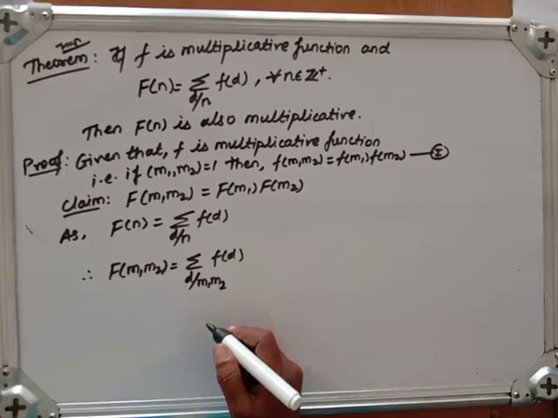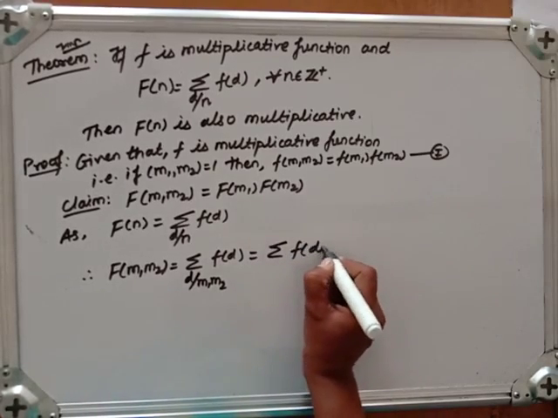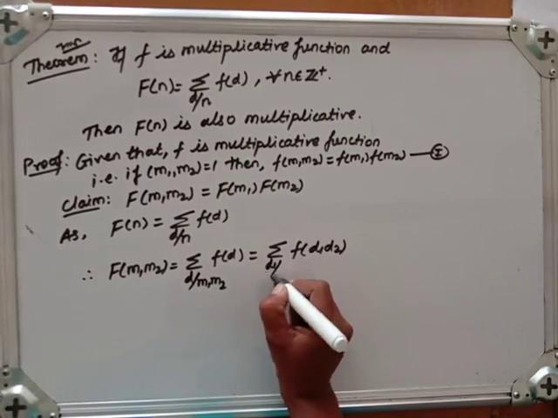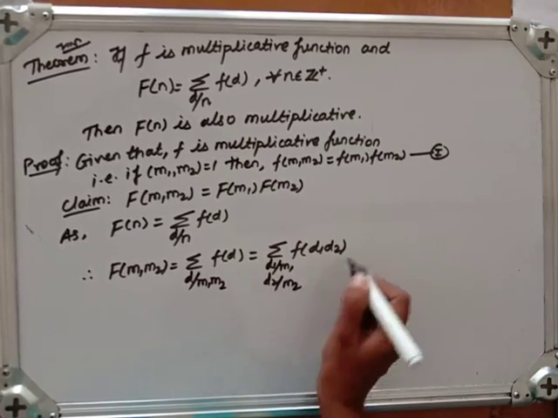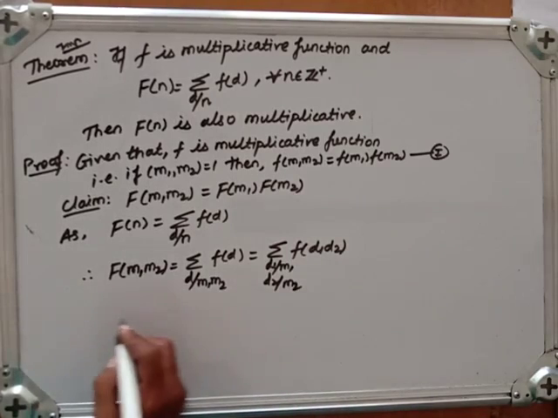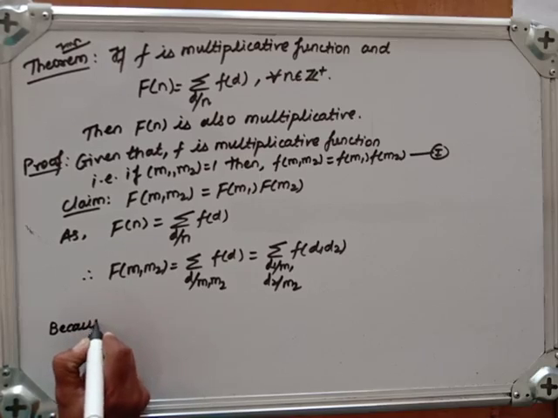Now we have just seen it can be written as summation f of d1 d2, where d1 divides m1 and d2 divides m2. We had written a remark just before that. Why can we write this?